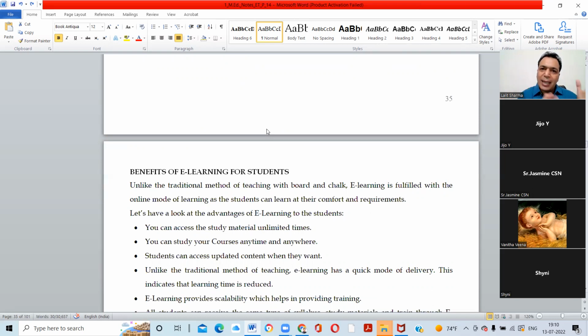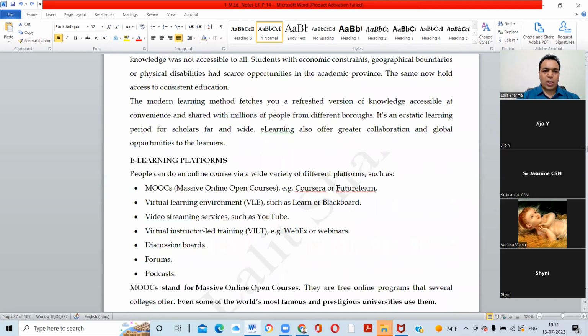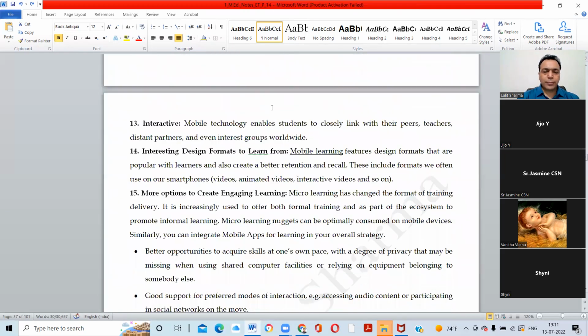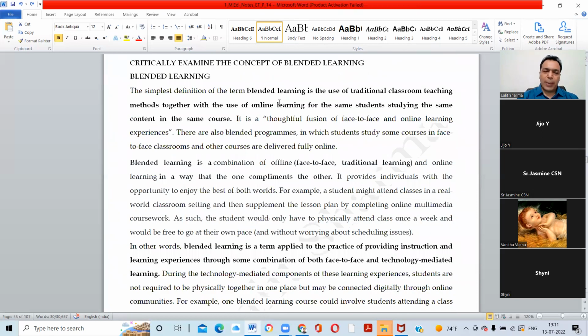Number 1, anywhere, anytime. You can get and send messages from anywhere, at any time, with the help of a mobile, with the help of online learning, right? So these are all the same points of e-learning and m-learning. Whenever you have to talk about blended learning, you have to say it is a mixture of learning, a mixture of technology, by which you can get online support as well as offline support.